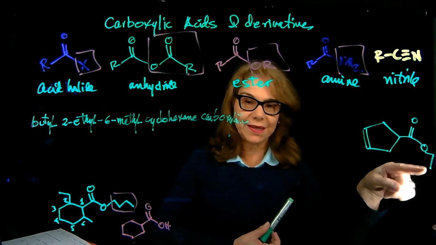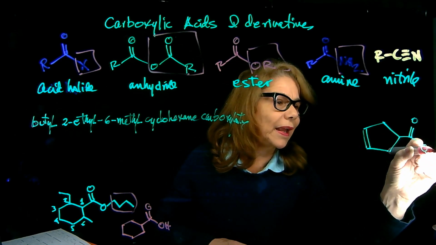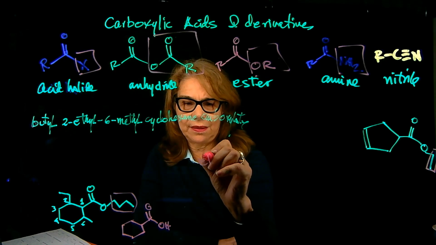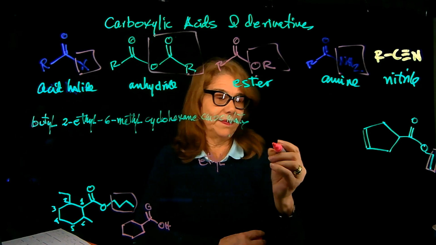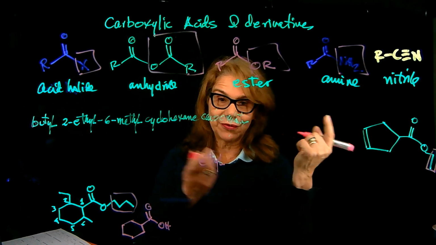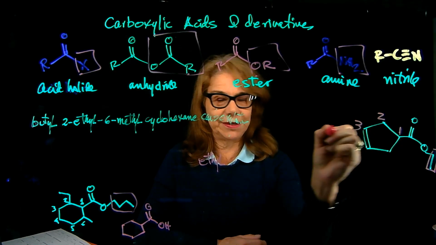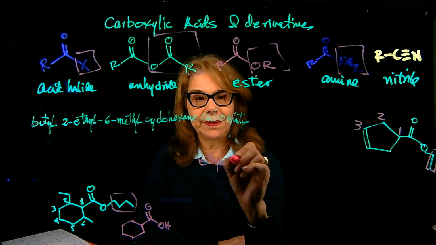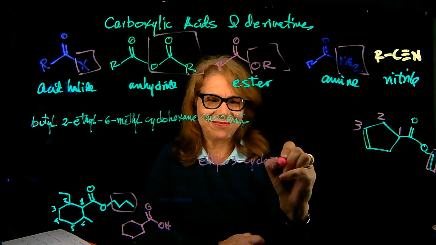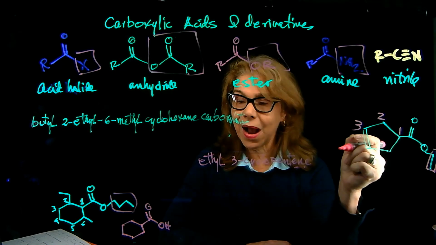But first I need to say what the alcoholic portion is, so that name is going to start with ethyl. So ethyl, and then cyclopentane, but where is the alkene? 1, 2, and 3. So 3-cyclopentene, because it is an alkene, and then carboxylate.